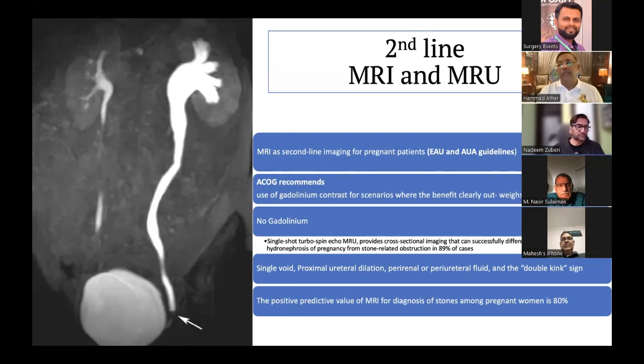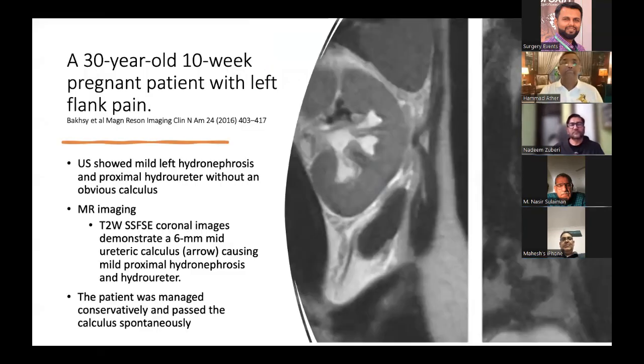The positive predictive value of MR without gadolinium is about 80%. Again, these are some of the examples. You can see a 30-year-old, 10 weeks pregnant, so actually in the first trimester, with left flank pain, and ultrasound was not diagnostic. This is the T2 weighted single shot fast spin echo MR. Basically, this is an MR sequence.